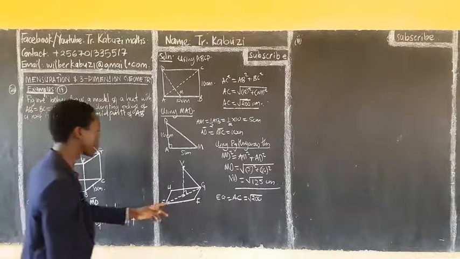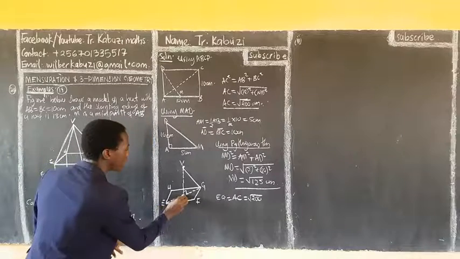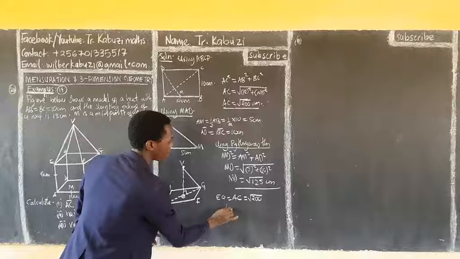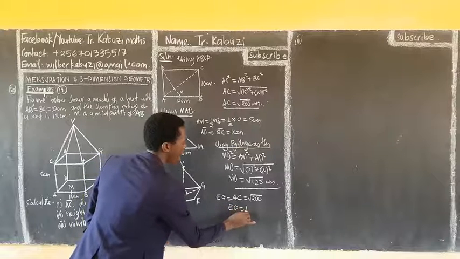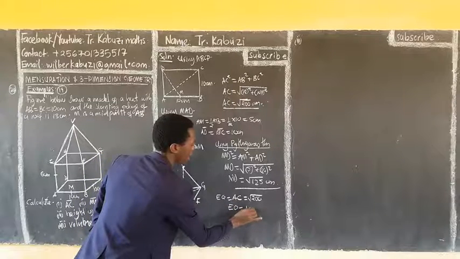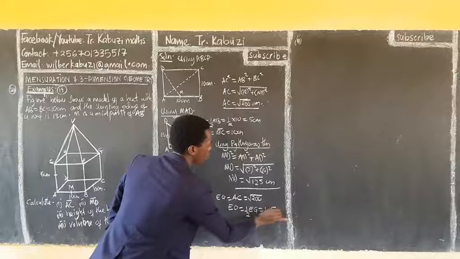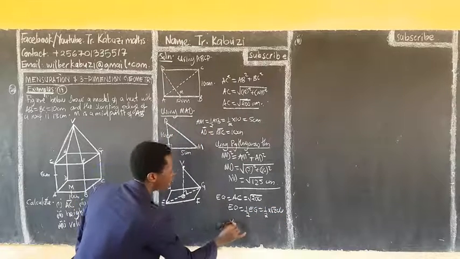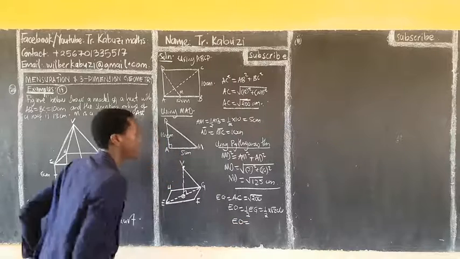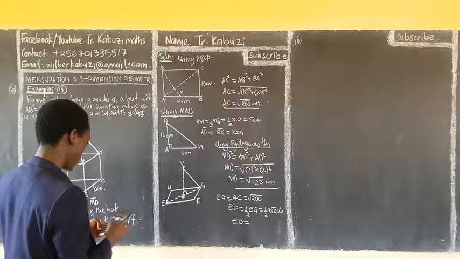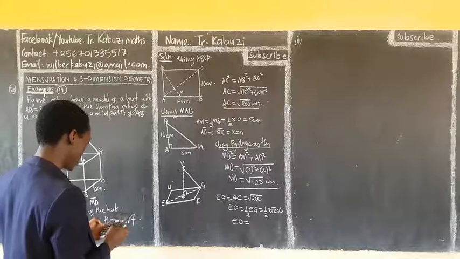Meaning now, also know that EO, this is our O. So my EO now is going to be a half of ED. It's going to be a half times root 200. Now my EO here is going to be, you press it on the calculator, root 200 by 2.